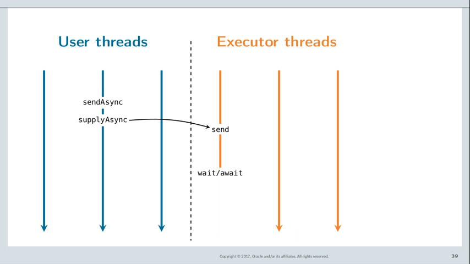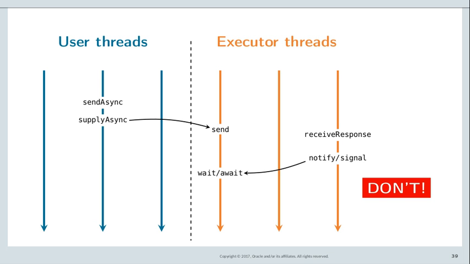So how does it work? We do send. We are waiting. From another thread we should receive the response and send a notify signal. Okay. When we receive a response, process it and wake up our execution thread, it works. But I will warn you, don't do it the way it's shown on that particular picture.